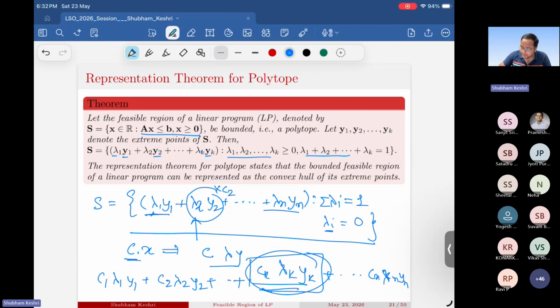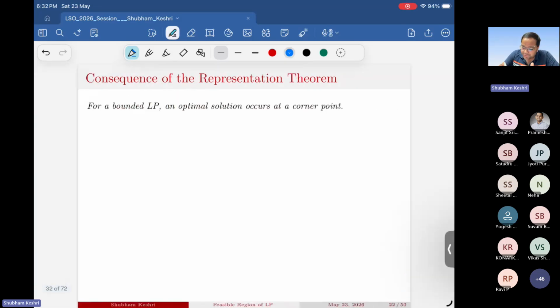So what we will do is put lambda k as 1 and all others as 0. In that case, you see this extreme point becomes optimal. Is it clear? So the consequence of this theorem says that a corner point will always be optimal. So the optimal will always occur at a corner point.